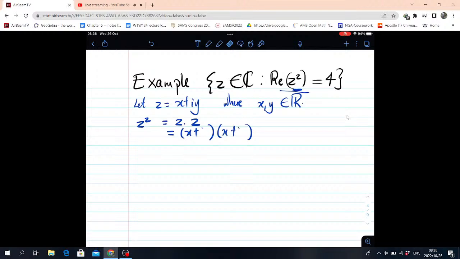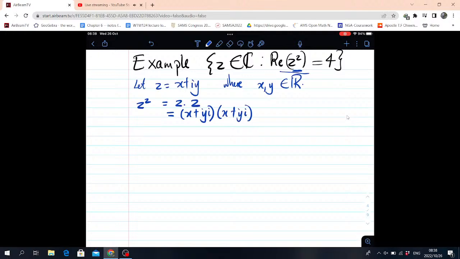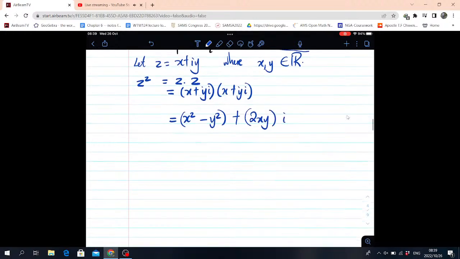So that's yi there. And then if we do the calculation, we'll see that we will get x squared minus y squared plus 2xy i. And remember, this is the standard form.